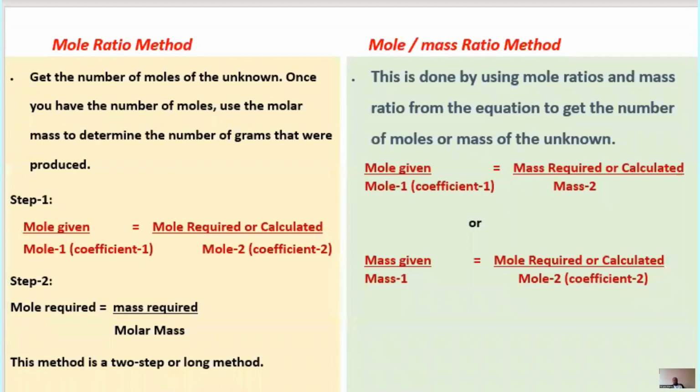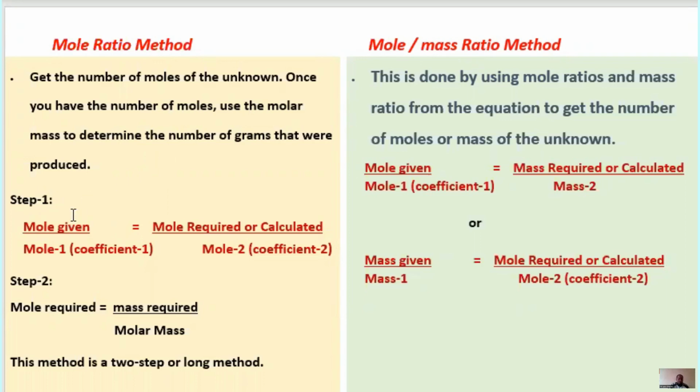We can use these two methods. The first one is the mole ratio method, and the second is a combination of mole and mass ratio methods. You can get the number of moles of the unknown. Once you have the number of moles, use the molar mass to determine the number of grams that were produced.